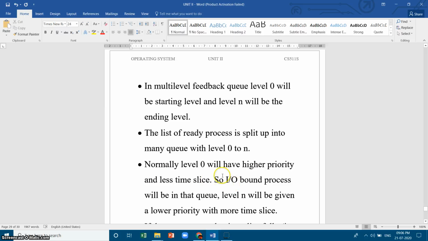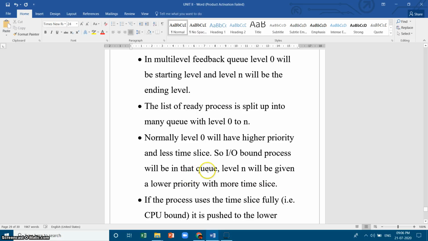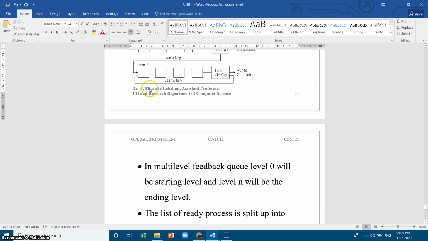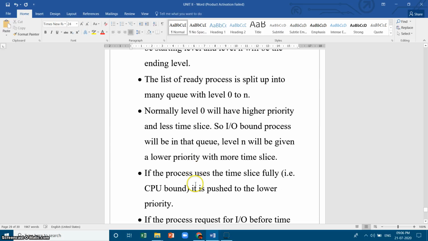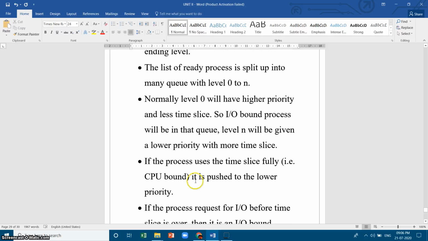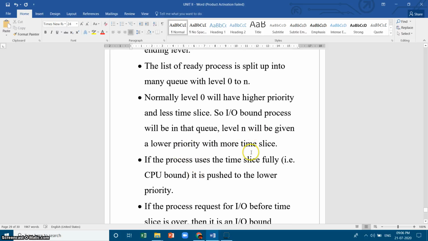That is your IO bound process; it will be in that queue. And what will be in level n? It is a lower priority process, but your time slice will be more. So level 0 will have higher priority and less time slice, that is your IO bound process, and level n will have lower priority and more time slice.